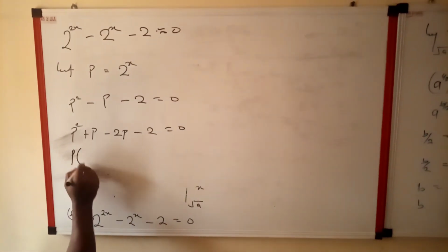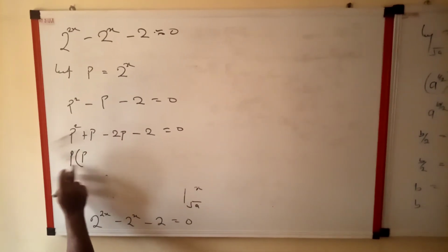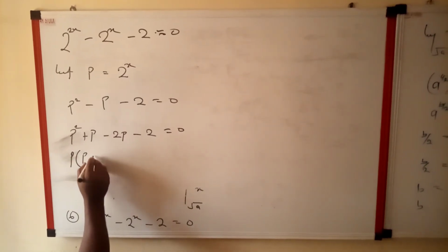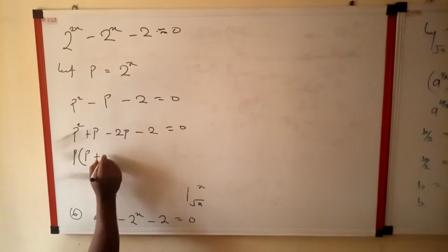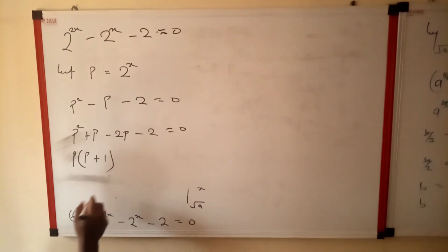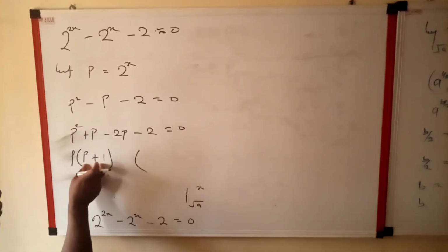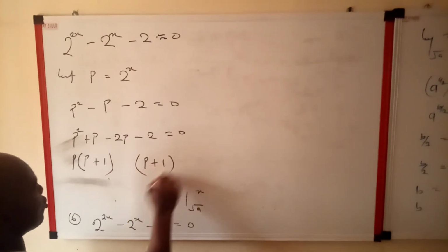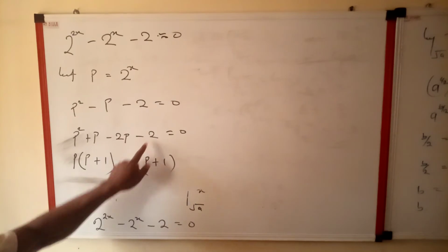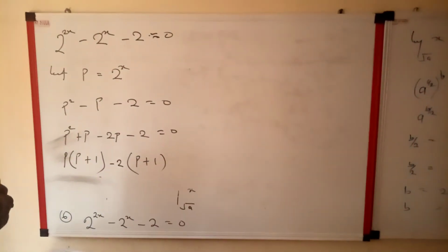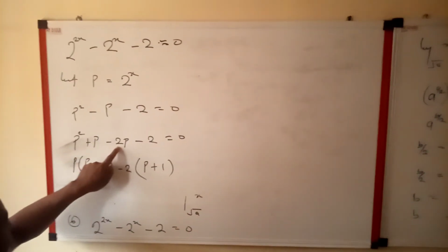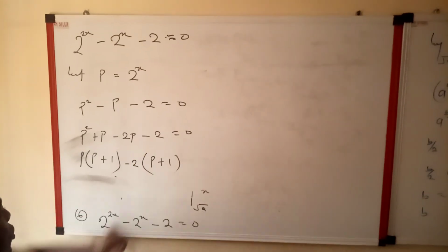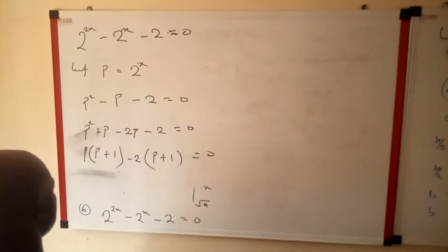So we further simplify: taking p, when you multiply you get this, then plus when you multiply it by 1, you get this. Now the term we have in the bracket is the same thing that we are going to have here, so p plus 1. But we have negative 2 and this, so when you use this to multiply, you get this, and when you use this to multiply this, you get this, all equal to 0.